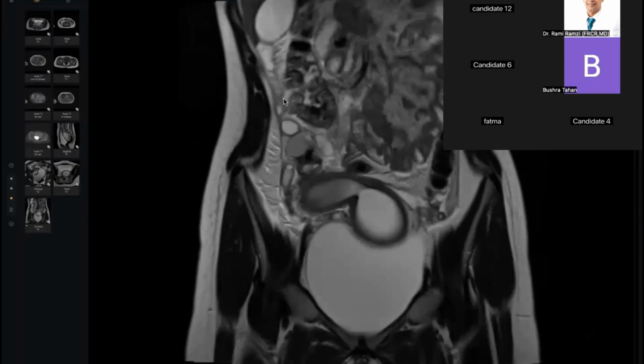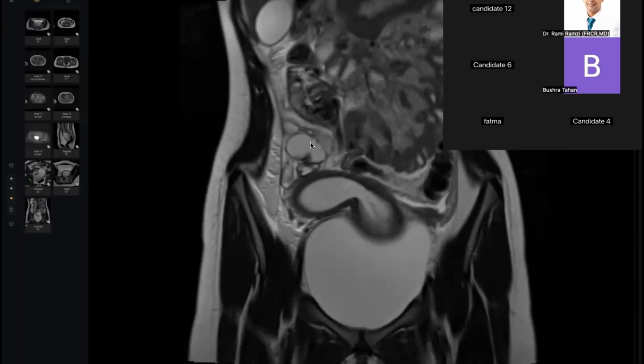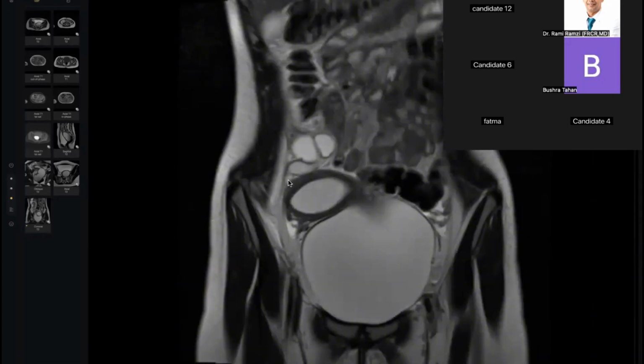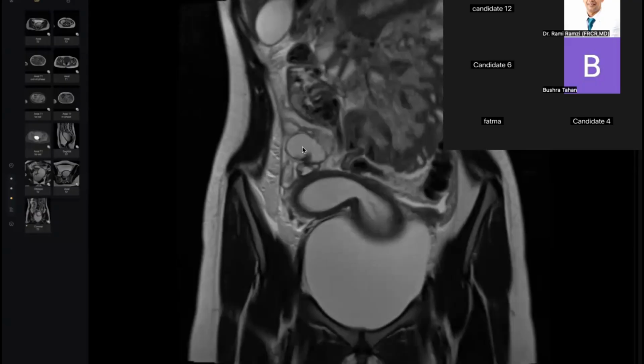Then there is a dilated tortuous structure coming down from this kidney, almost the ureter. So we are dealing with a case of vaginal atresia with hematometrocolpos, multicystic dysplastic kidney and ectopic ureter.